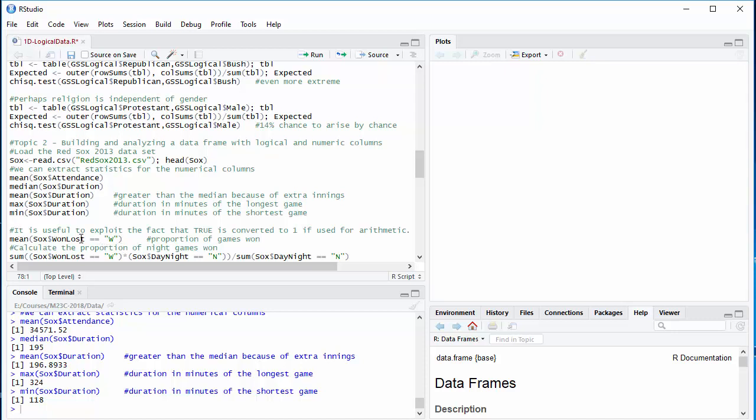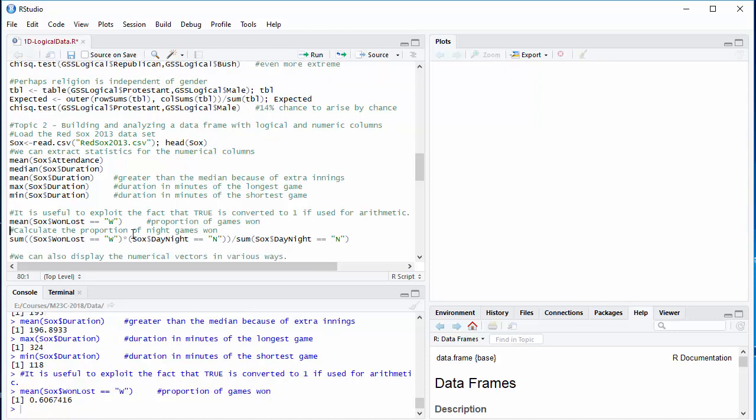If I apply mean, which wants to look at numbers, it's 1 if the Sox won the game. So this is taking the mean of a vector which has a 1 in the position of games that the Red Sox won, a 0 in positions where they lost. What are we calculating? We're calculating the percentage of the games that they won. This year they won 60.6% of their games.